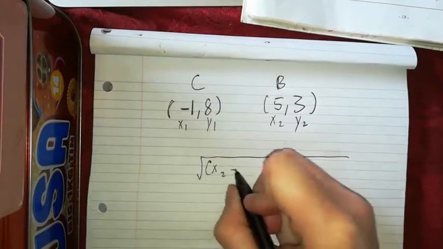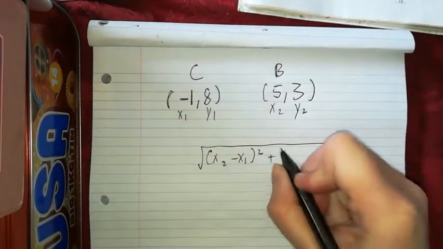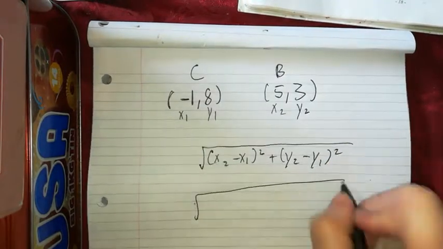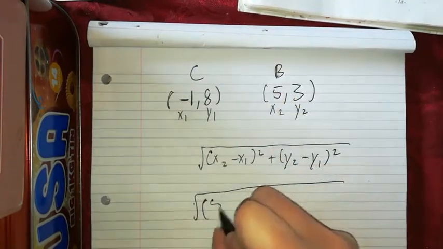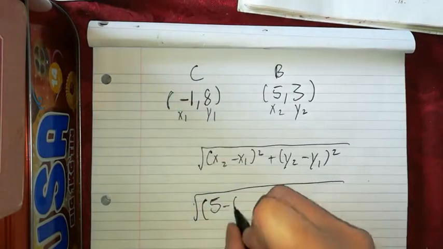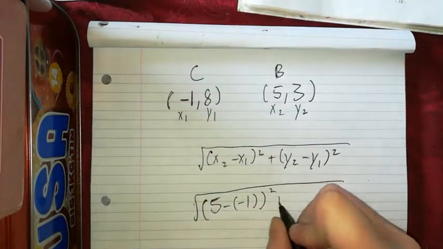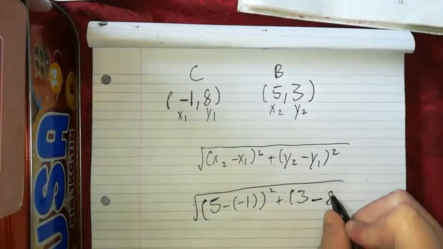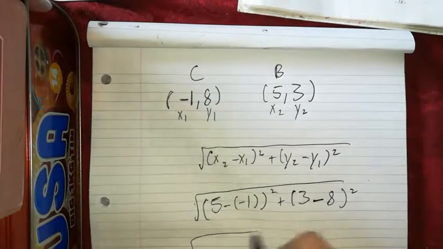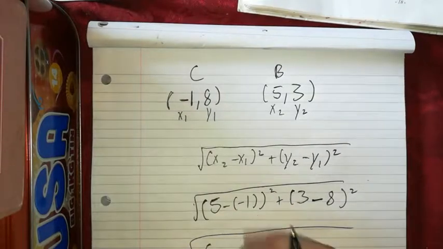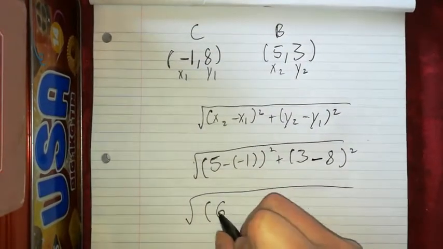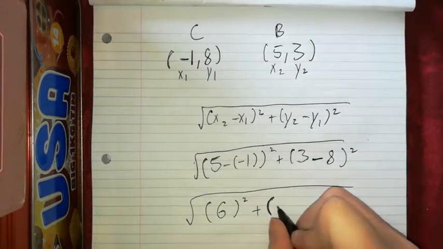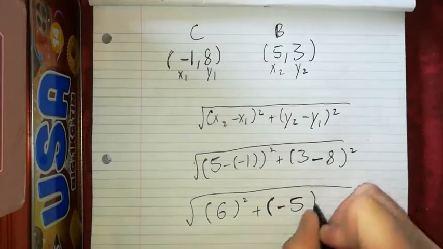So x2 minus x1 squared plus y2 minus y1 squared. x2 is 5, minus x1, so that's minus -1 squared, plus y2, which is 3, minus y1, that's minus 8 squared. So that's 5 minus -1, so 5 plus 1, which gives me 6 squared, and then 3 minus 8, so that'll be -5 squared.